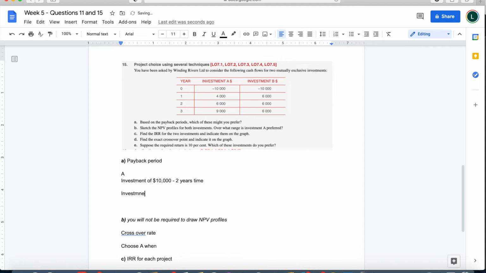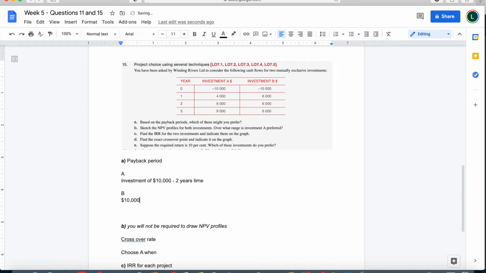Okay, so investment B, our investment is $10,000 again. We've got now year 1, year 2 is going to equal $12,000. So we're going to see how long to pay back in year 2, which equals our investment minus our year 1 amount over 6,000.